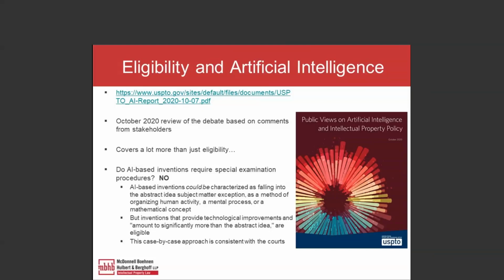There's calculus, there's linear algebra, there's a lot of stats, and it could be characterized as a method of organizing human activity, mental process, or mathematical concepts. So it would fall into those categories that the Patent Office finds, and for the most part the courts find, to be abstract ideas.